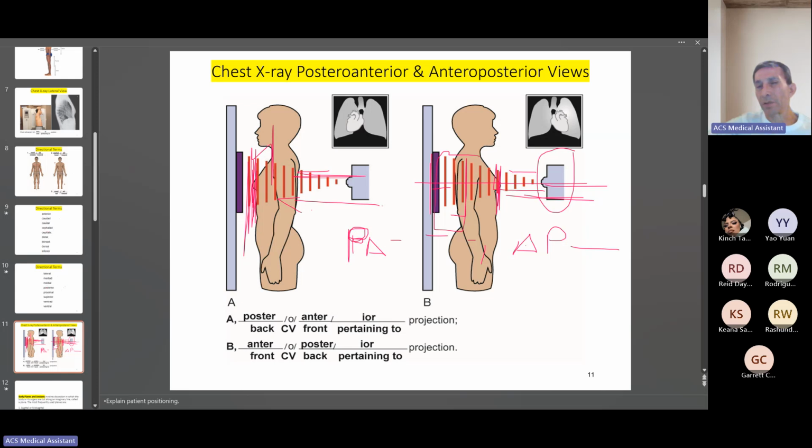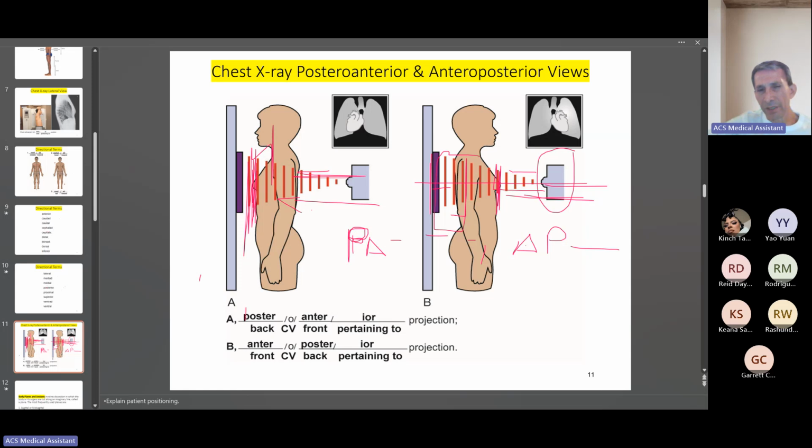So that's like the needles. The larger the gauge, the smaller the needle. This is the same. If I say AP, it is because the light enters the chest at the anterior part, the ventral part. So that's what we have here.